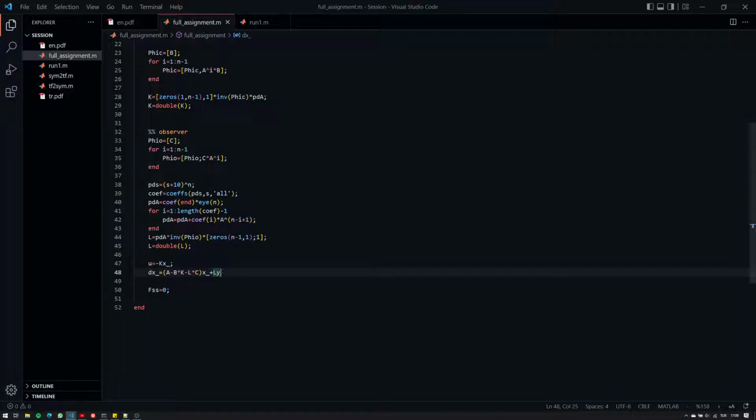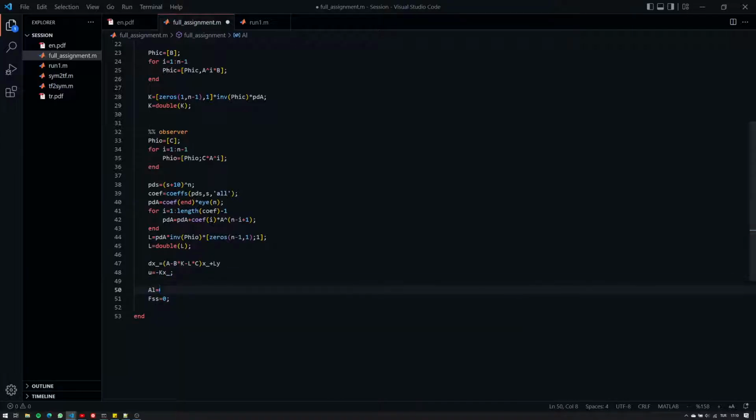Now, we're basically almost done. This is x hat derivative equals something times x hat plus L times y. Whereas this is basically the output equation, because u is the output in this case, because we're talking about the controller, and minus k times x. So let me state the following.